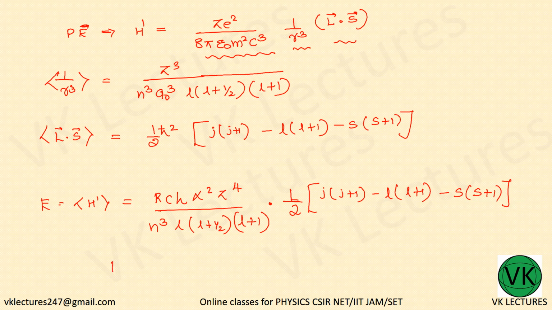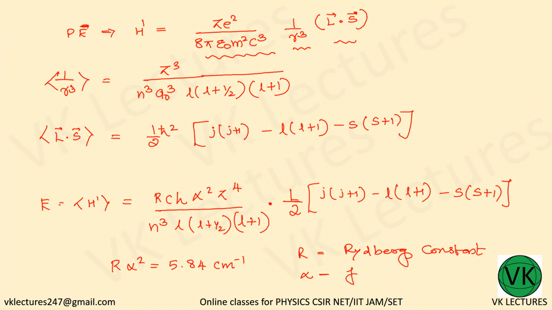The value of Rα² is equal to 5.84 centimeter inverse, where R is the Rydberg constant and α is the fine structure constant.